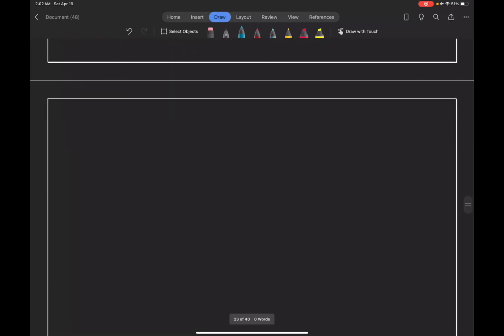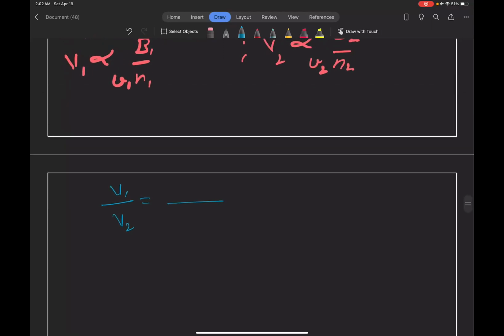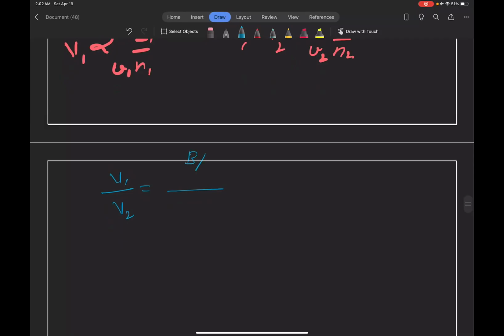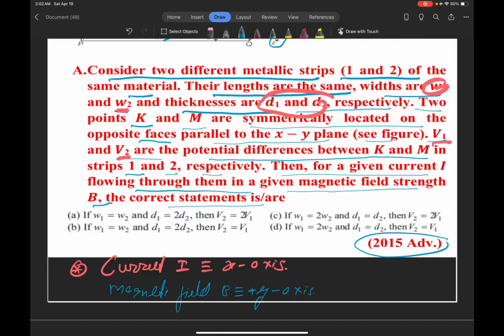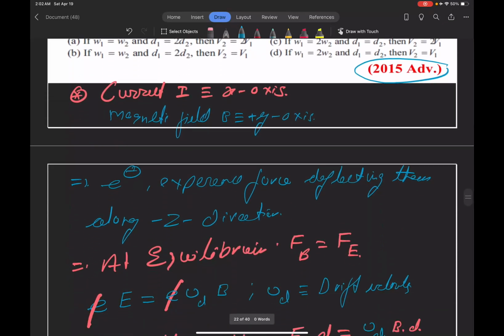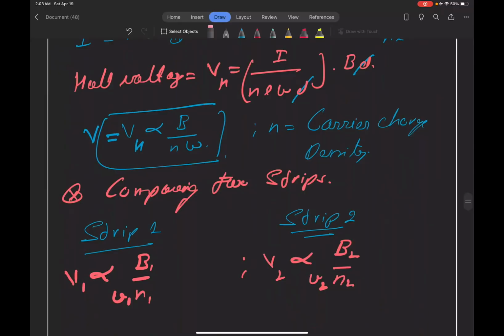So let me take the ratio and we can write that V1 upon V2 will be giving us V1 upon W1 n1, and we have this as V2 upon W2 n2, this giving us B1 upon B2 multiplied by W1 n1. And here the magnetic field is the same in this case. Yeah, same magnetic field. This is not required.